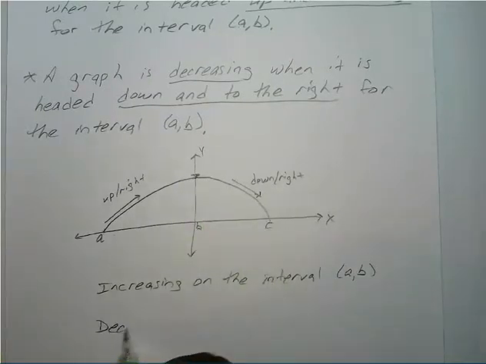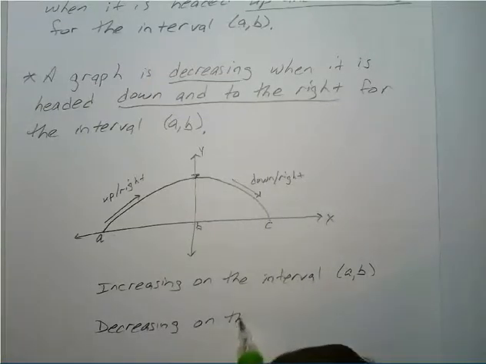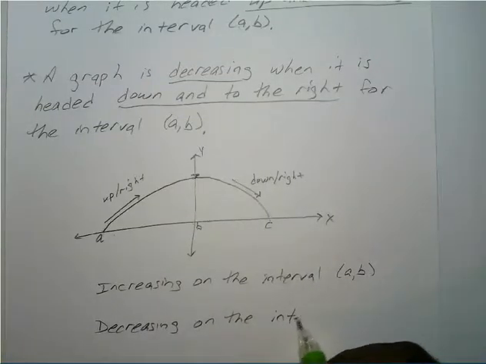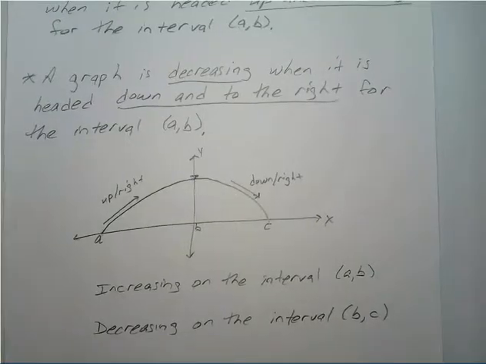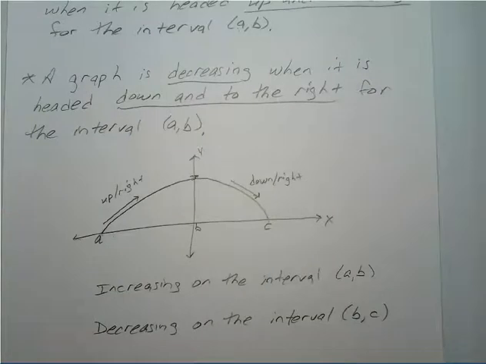So it's decreasing on the interval from B to C. Okay, so it's pretty straightforward when you're looking at increasing and decreasing.